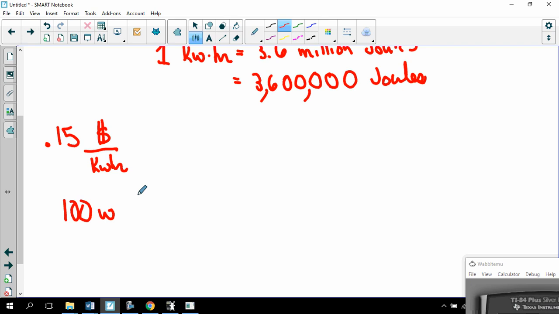Well, what we'd like to do is multiply by 1 kilowatt over 1,000 watts. So let's convert watts to kilowatts, and 1 kilowatt is 1,000 watts.